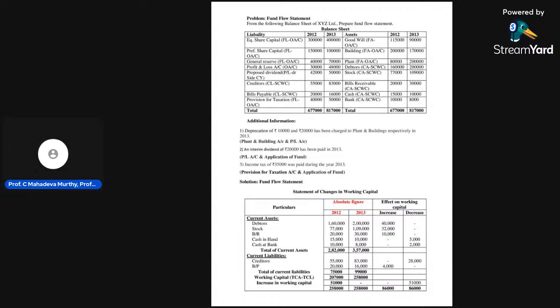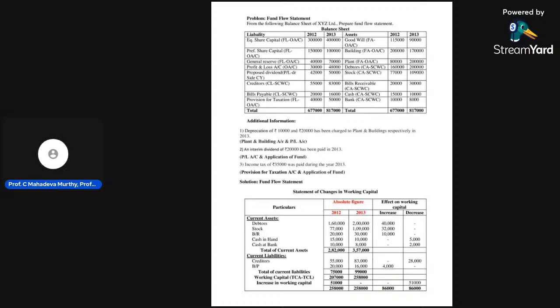Here in the fund flow statement, two periods, 2012 and 2013, we are considering. Debtors is 1,60,000 in 2012, and 2 lakhs in 2013.